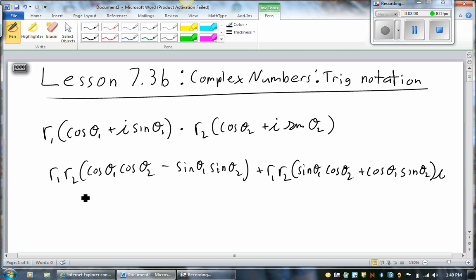And we can simplify this to being r sub 1, r sub 2, cosine of theta sub 1 plus theta sub 2 plus r sub 1, r sub 2, sine of theta sub 1 plus theta sub 2 i.